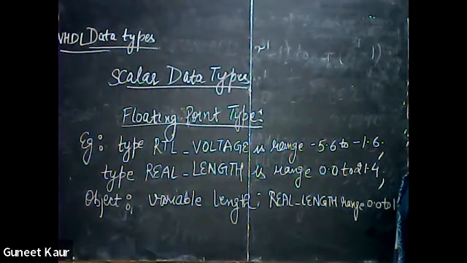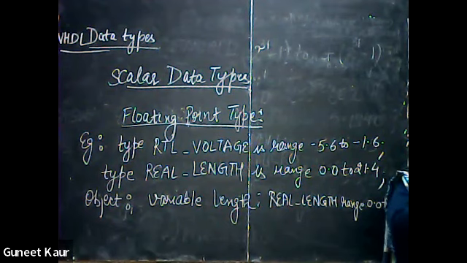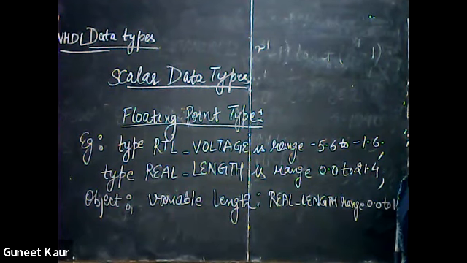So the above two, RTL underscore voltage and real underscore length, are examples of the floating point type. In this you can see the type name is RTL underscore voltage, and the range is minus 5.6 to minus 1.6. That is in real, decimal numbers. But for integer you should take 0 to 15, not decimals.